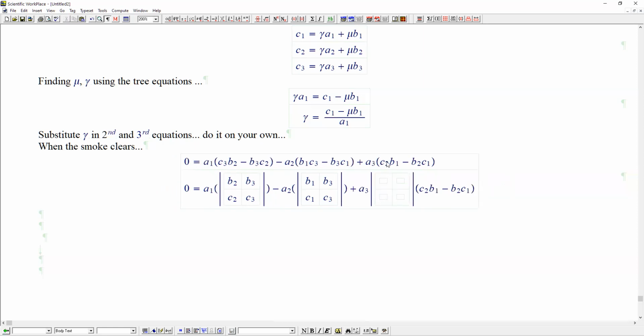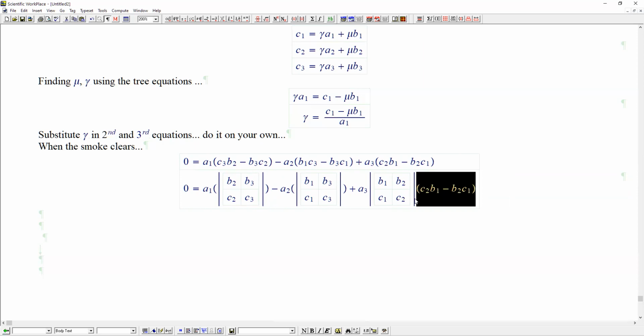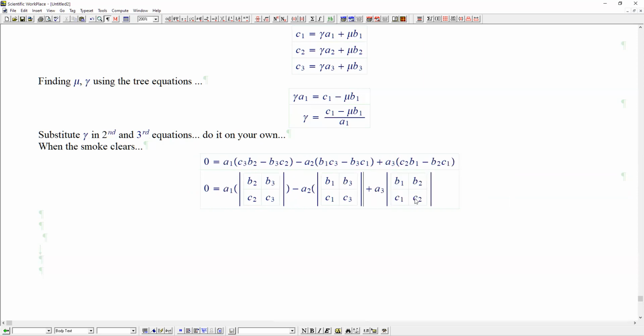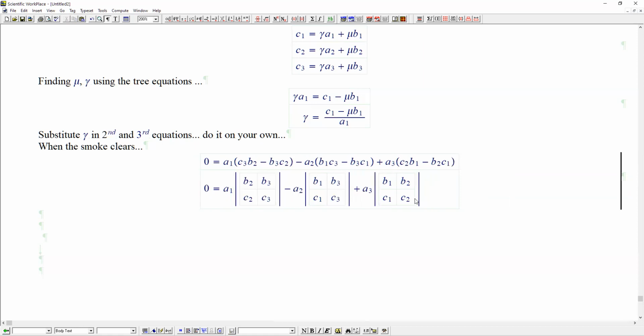And here is B1, B2, C1, C2. So this is the determinant of a 3 by 3 matrix.